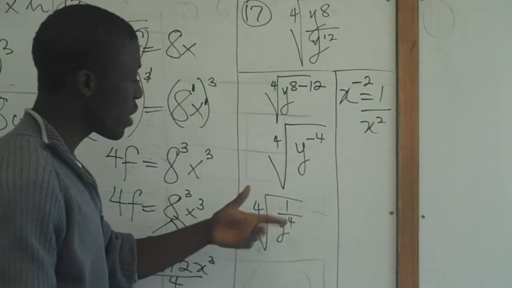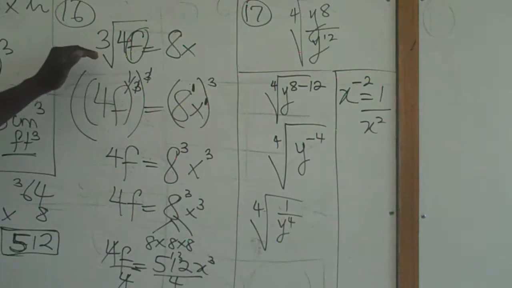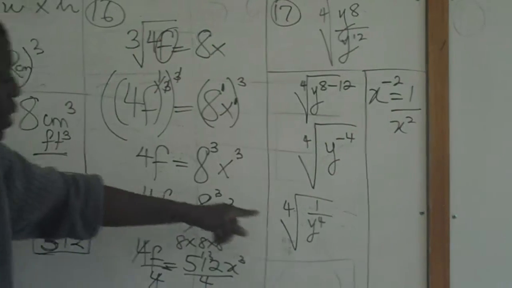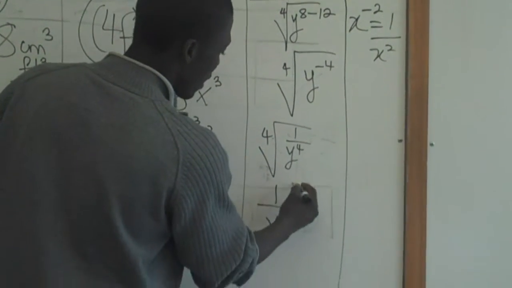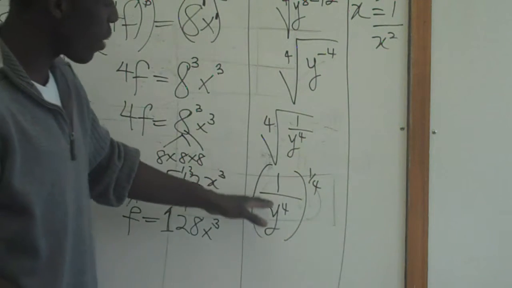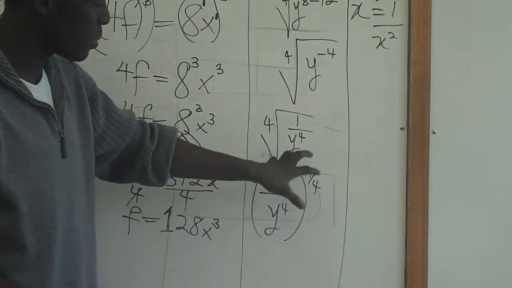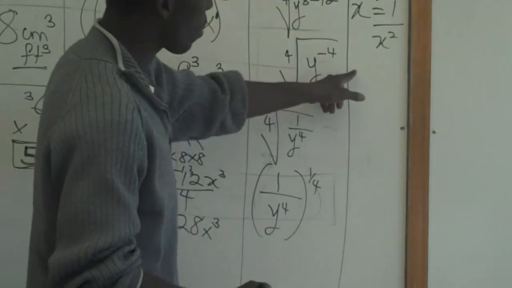What happens is we can rewrite this root based on what I just taught you. We can rewrite this as 1 over y to the fourth, and then to the 1/4. I'm going to complete the problem right here.